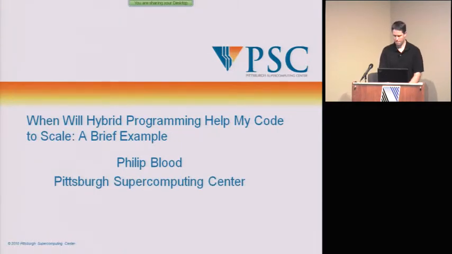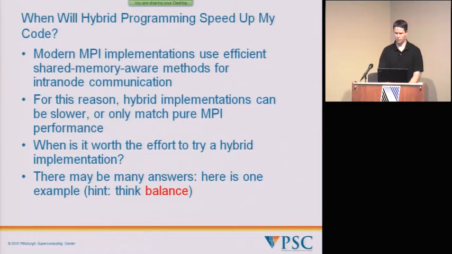And in the past, my experience had been that the modern MPI implementations really use efficient shared memory aware methods for doing the intranode communication. So it's pretty fast. And most of the time, in the past, I saw that hybrid implementations were either slower or only as good as the pure MPI implementation.